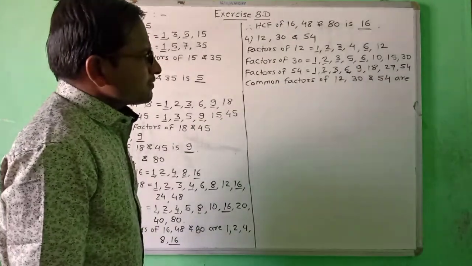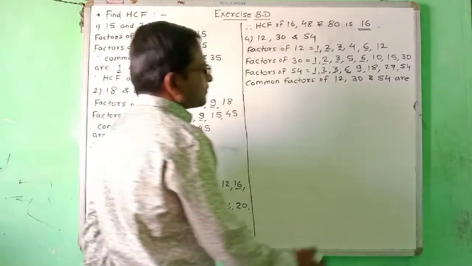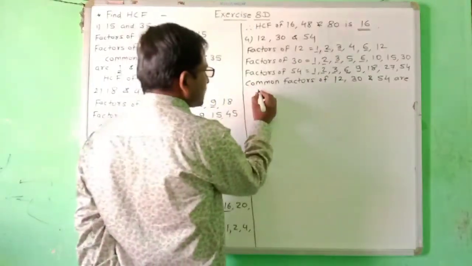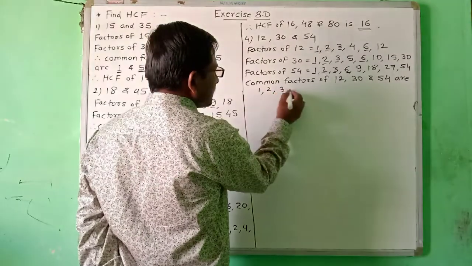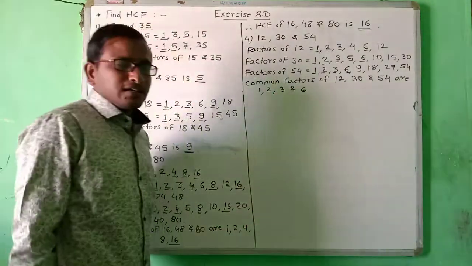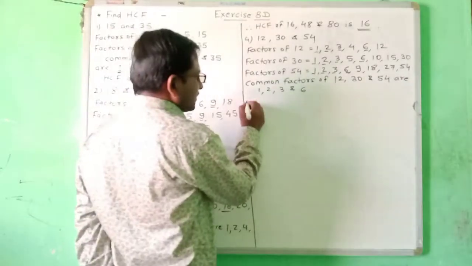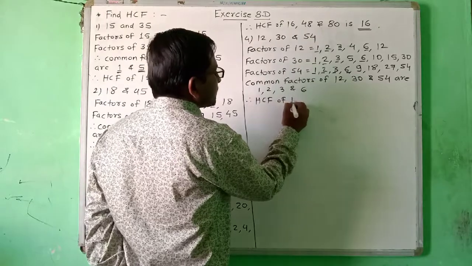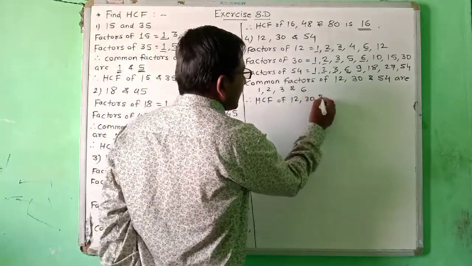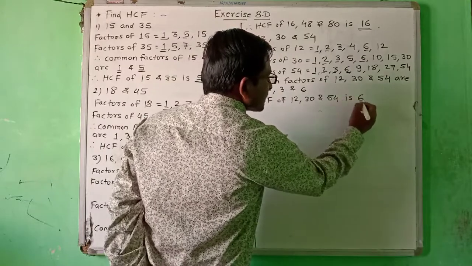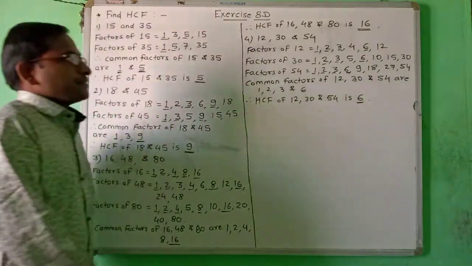And then only 4 factors: 1, 2, 3 and 6 are common factors, but you want the highest common factor. So therefore the highest common factor of 12, 30 and 54 is 6.